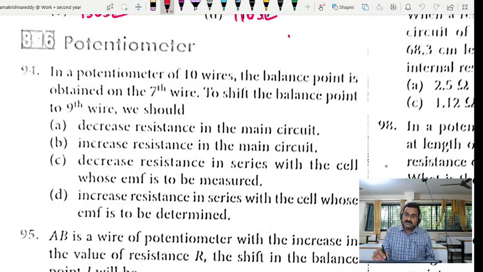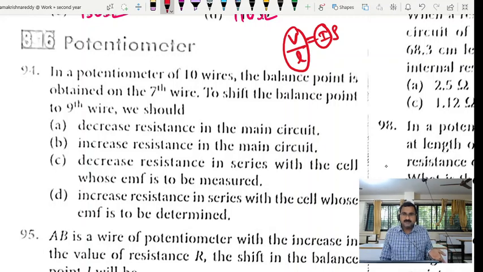Potential gradient less means, from the formula we wrote there, V by L is equal to I rho. This is less means current should be less. When current is less, potential gradient is also less, because both are directly proportional. And when current is less, resistance is more. Same logic we are following.